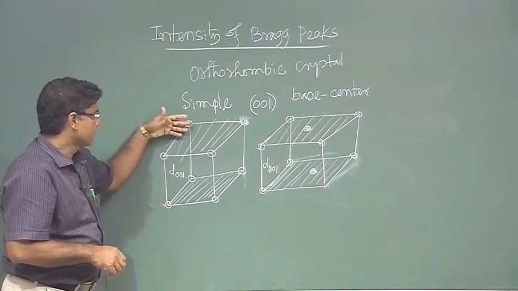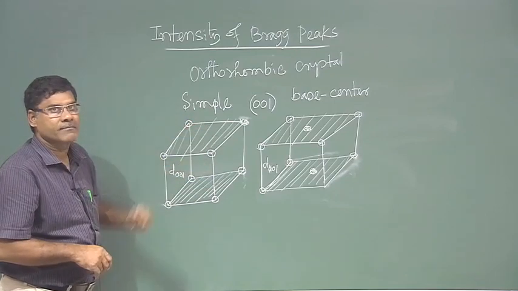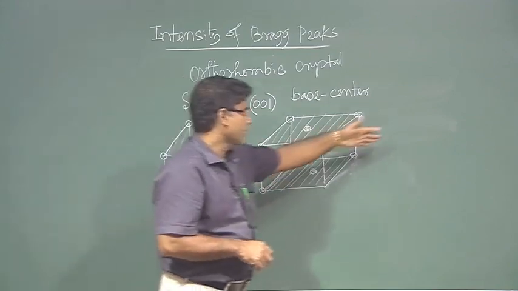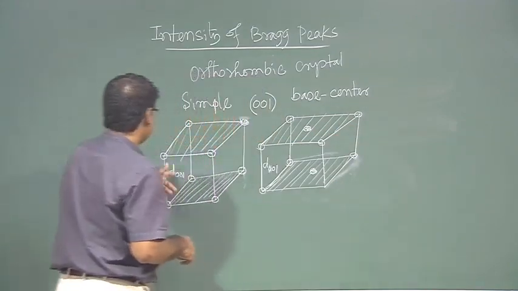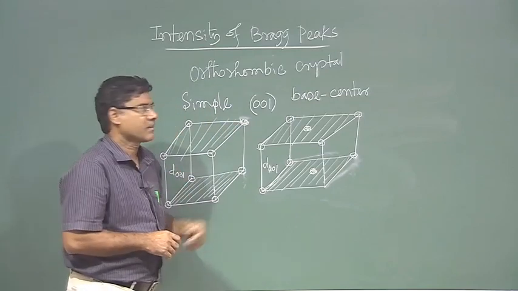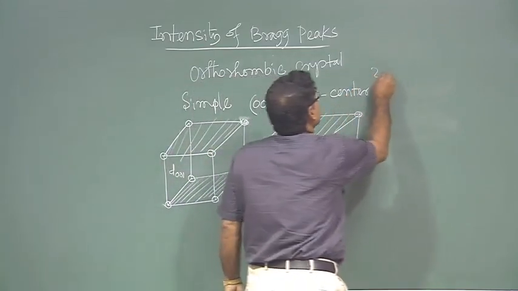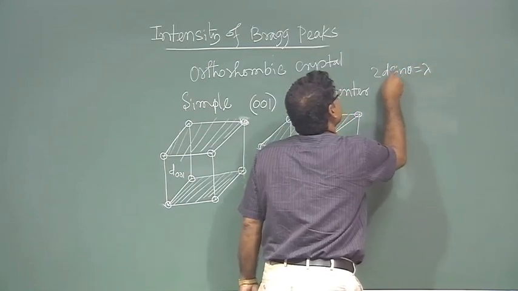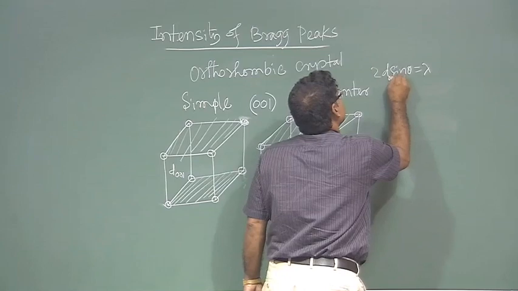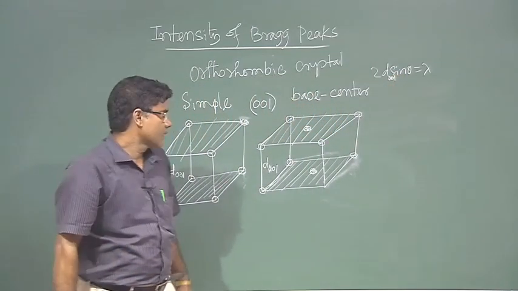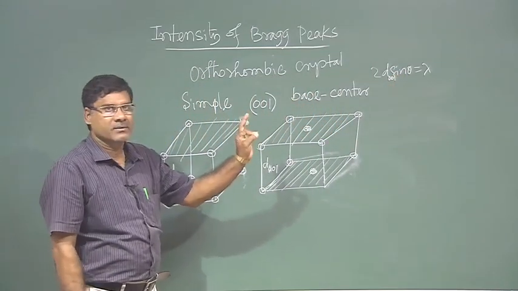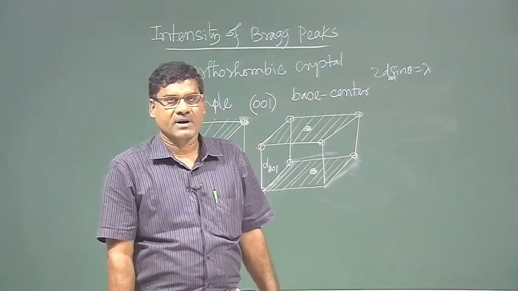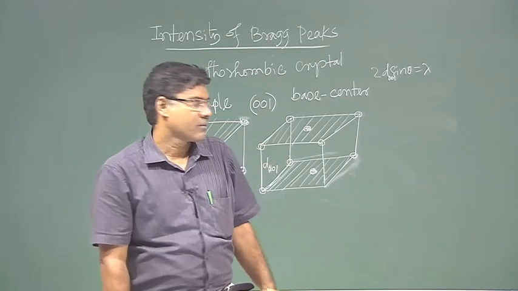So, for reflection or diffraction from this 001 plane, we will get a peak, whatever the theta one can calculate from 2d sin theta equal to lambda. At that theta we will get a diffraction peak.